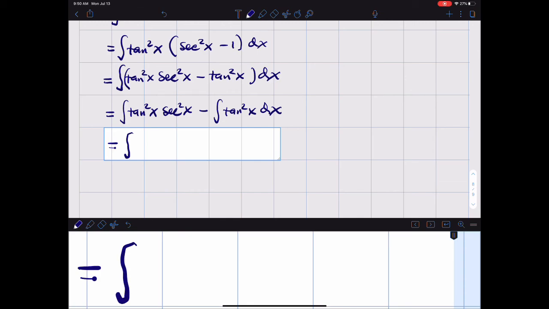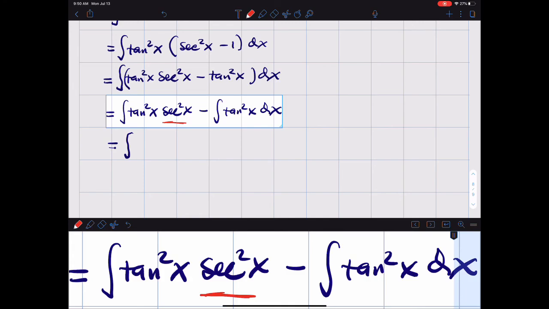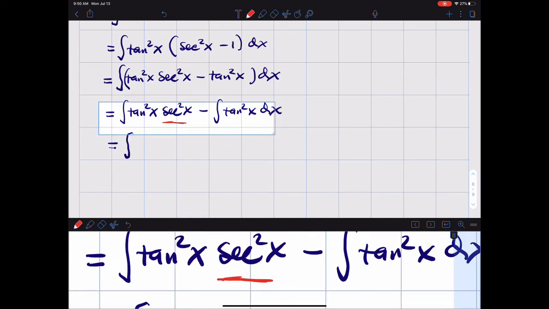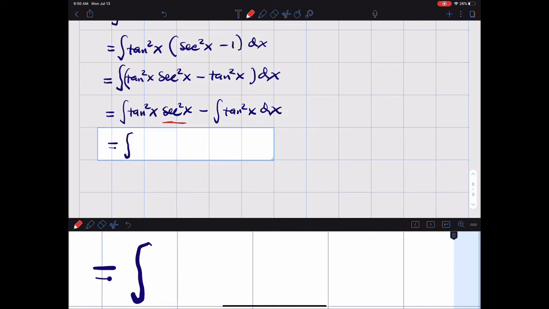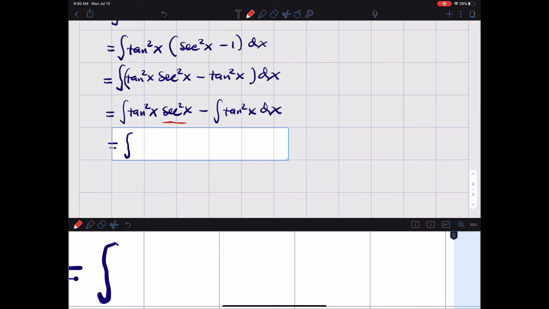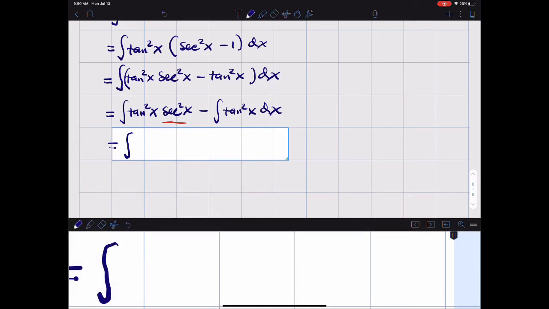because the first integral is cool now, because the power of secant is even, so we can totally handle it. The second integral, the power of tangent is even, and we don't have any secant. But it's quite easy to convert tangent squared x to secant squared x minus 1, with an even power.